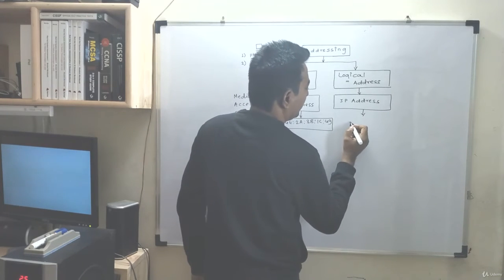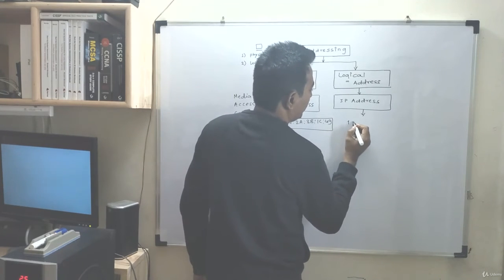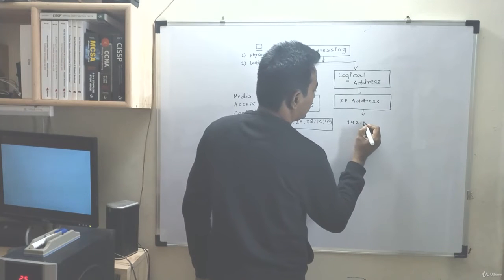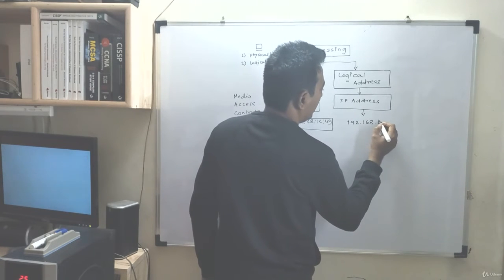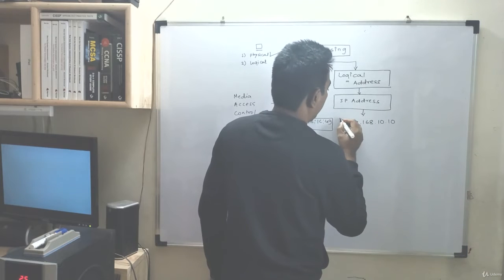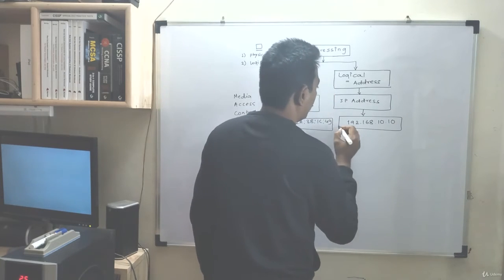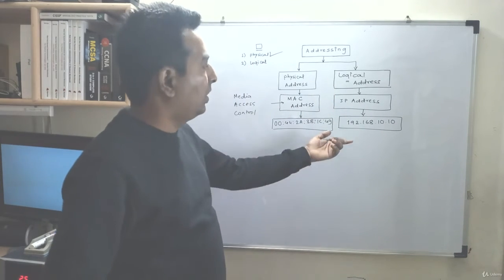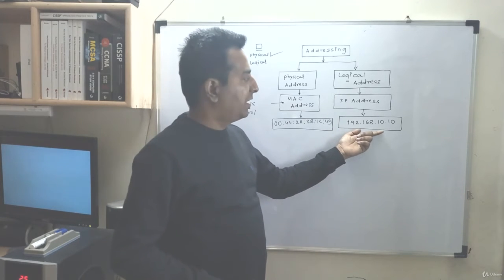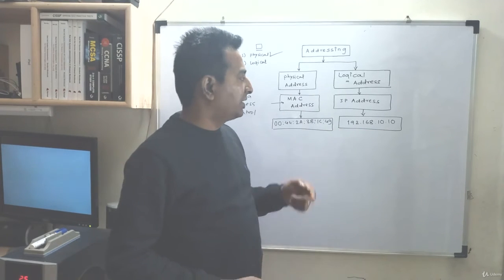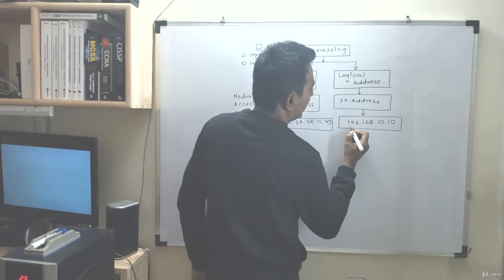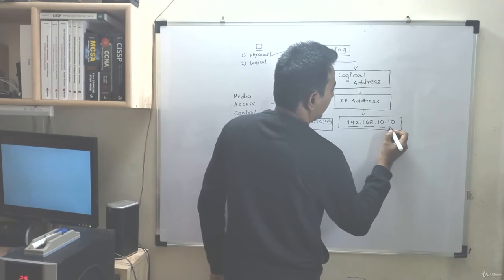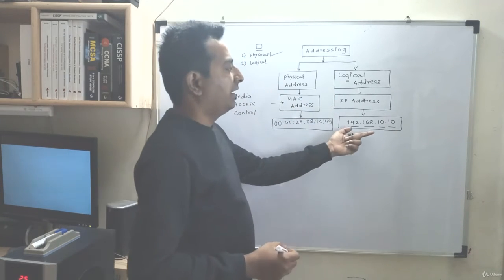Talking about IP addressing, I'll first take an example of IPv4. I'm just taking a sample logical address, the IP address, for your understanding. This particular address is represented in decimal format.